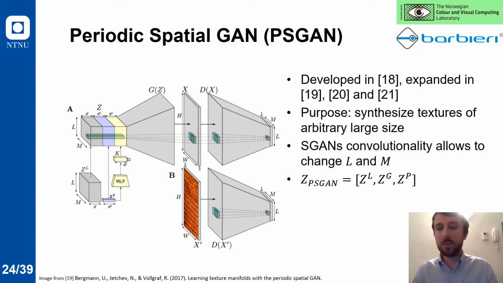Moreover, to account for periodic and regular structures in the input texture, Bergmann and Yetchev proposed the PS-GAN, as we said, that is shown here in the image, and essentially to achieve the modeling of periodic and global structures in the image, they added multiple terms to the input tensor.